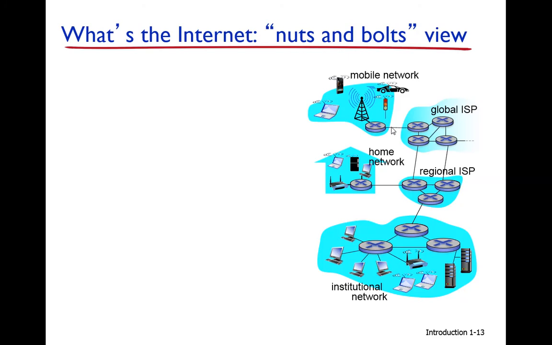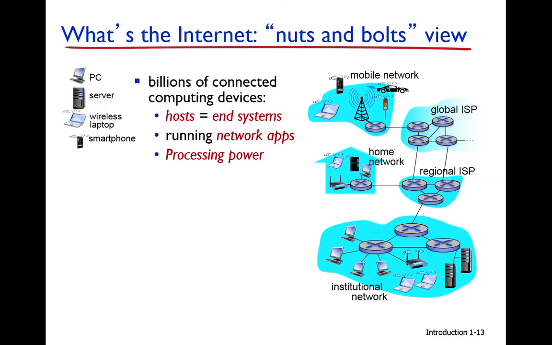So the internet is composed of what? Computing devices. These computing devices are also called hosts or end systems, and examples are a PC, personal computer, desktop, a server, a wireless laptop, a smartphone, etc. These are interconnected with each other.